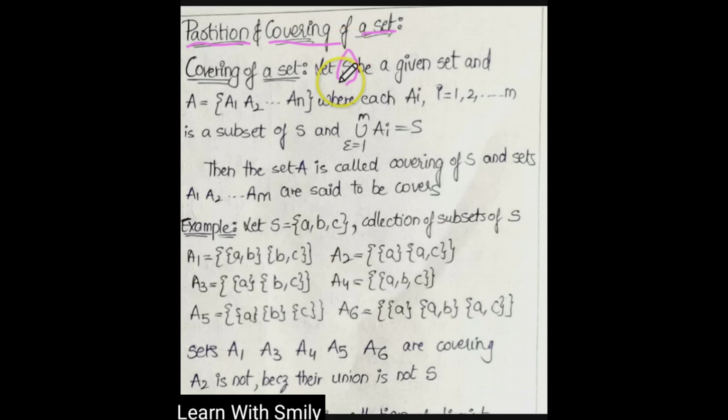Here we are considering S as a set, and A equals A1, A2, and so on up to An, where each Ai is a subset of S. Suppose if you take S equals 1, 2, 3, 4, and so on up to 10, and A equals the set 1 to 5, then this is a subset of S, right? And the union of Ai equals S. So the complete union including all the elements of A equals S. Then set A is called a covering of S, and the subsets are called covers.